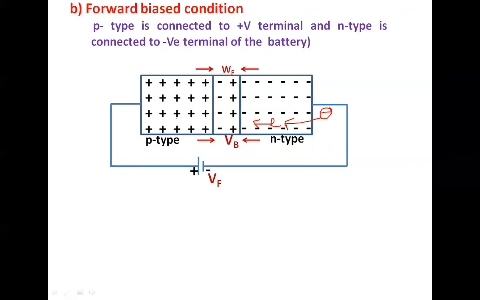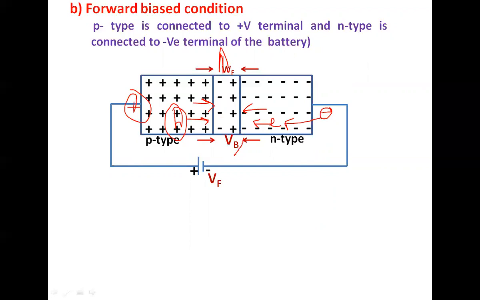Similarly, the holes which are present in p-type material are going to be repelled by the positive terminal of the battery which is connected here. So these holes and electrons are moving towards the barrier. As a result, the barrier width will decrease.